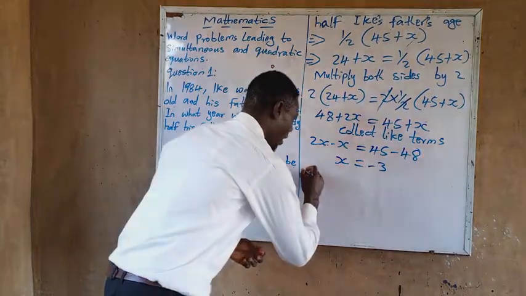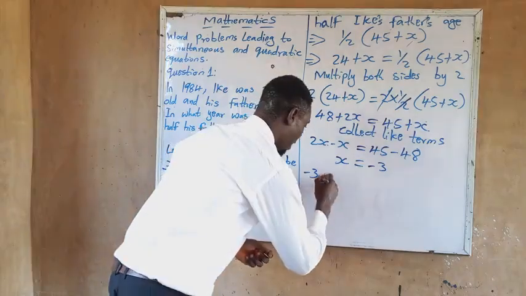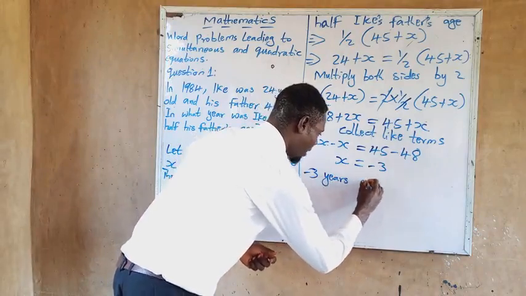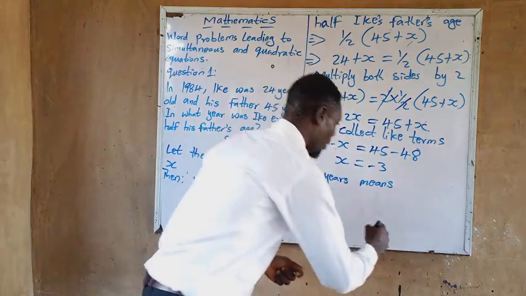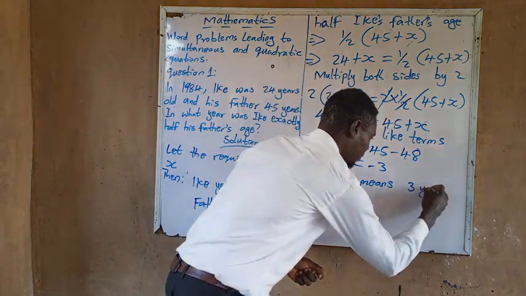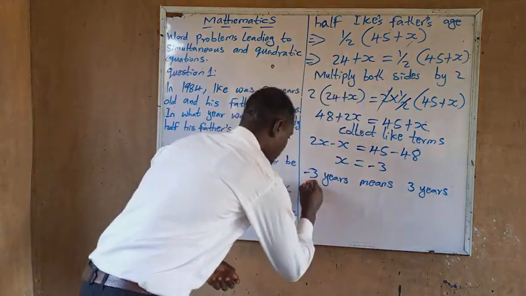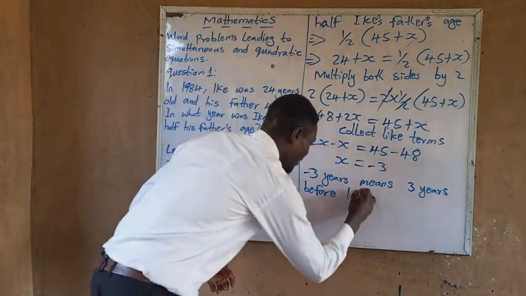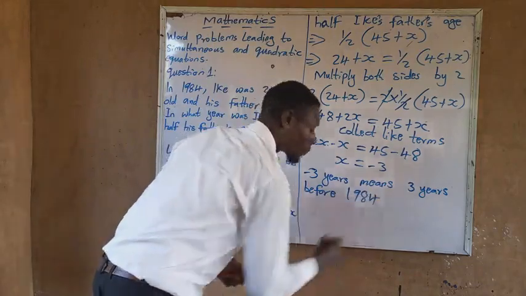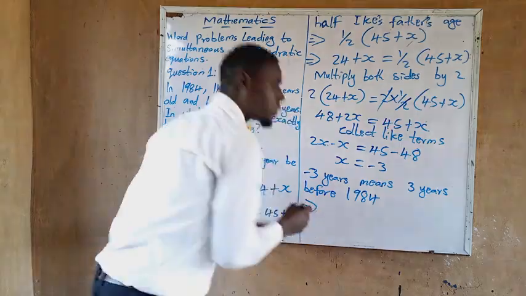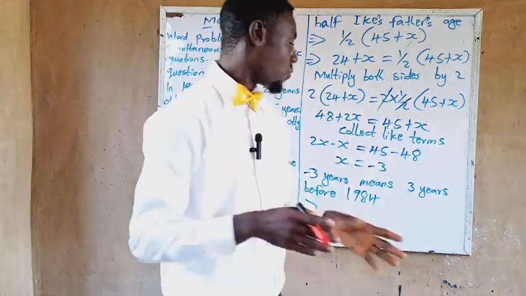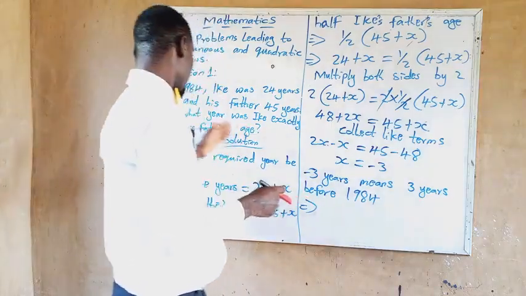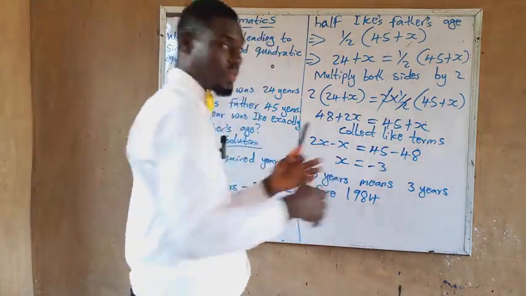So I will now say minus 3 years means 3 years before 1984. This implies that you have to take away 3 years from 1984 to get the exact year when Ike was half of his father's age.